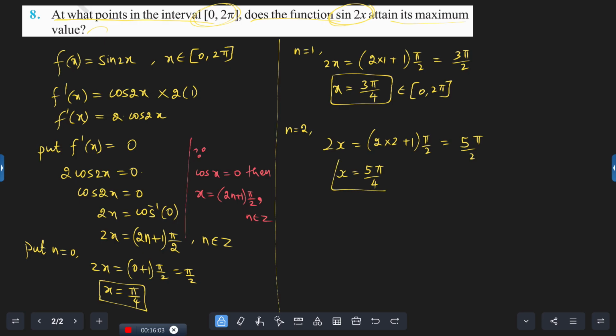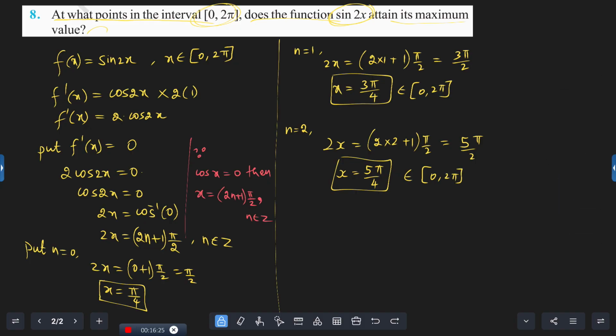This also you should check whether it belongs to the interval. 5 into 180 divided by 4, that will be 5 into 45, which is 225. Again this is less than 360. So this also belongs to 0 to 2 pi. Then this is also one of the x values.